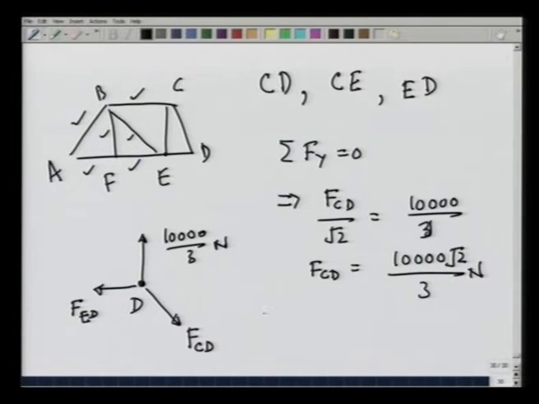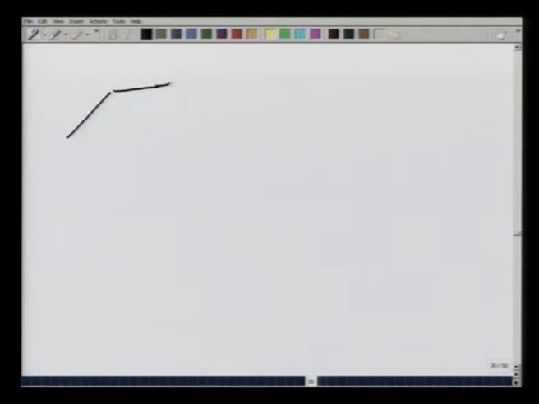And therefore, again by summation Fx equal to 0, I will get that FED is equal to 10,000 over 3 newtons. So, immediately we have found the force in this member as well as this member. The only member now left is FCE. Let us now calculate the force on that member.